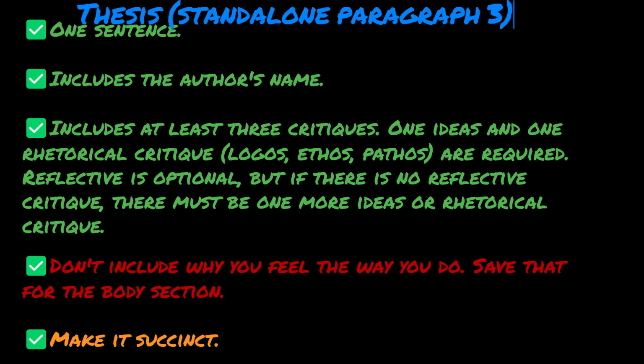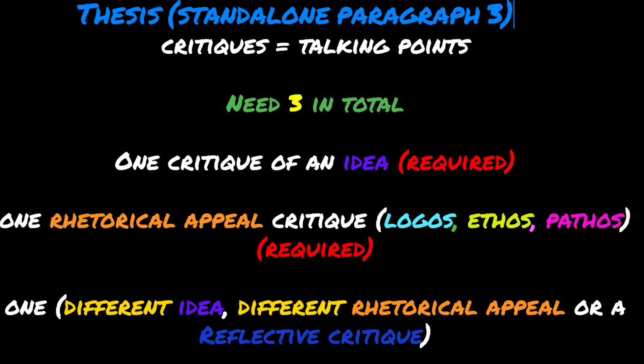If you found my video and I didn't send you the link, then you might not be focusing on these points. But you can still use the formula to create a strong thesis. But if I sent you this link directly, then what's coming next is for you. Your thesis for this paper, you are going to respond to the paper through the lens of critiques, okay? You have to have 3 critiques.